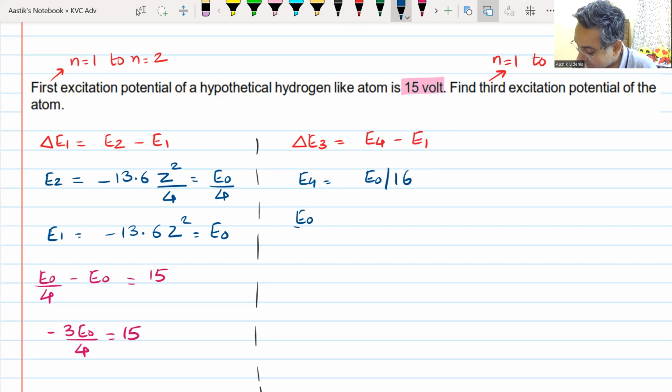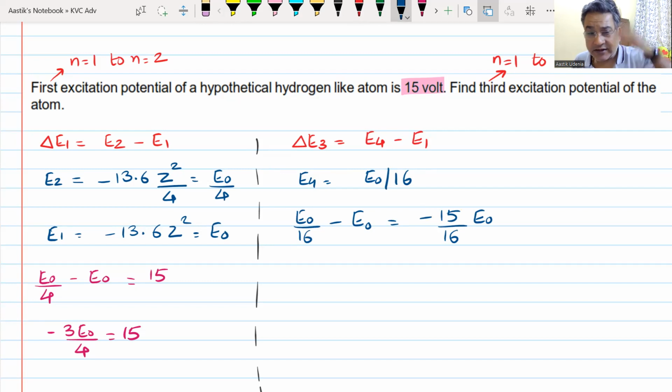So E0 by 16 minus E0 is what you need to calculate. The answer would be in electron volts. Now this E0 by 16 minus E0 is simply minus 15 by 16 into E0. From here, you should be able to calculate the energy difference. The energy difference will come in electron volts.